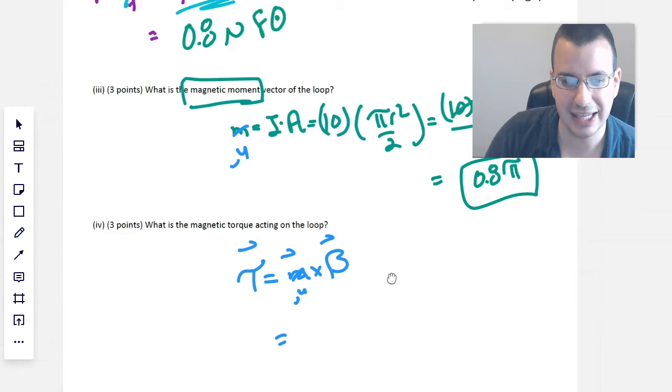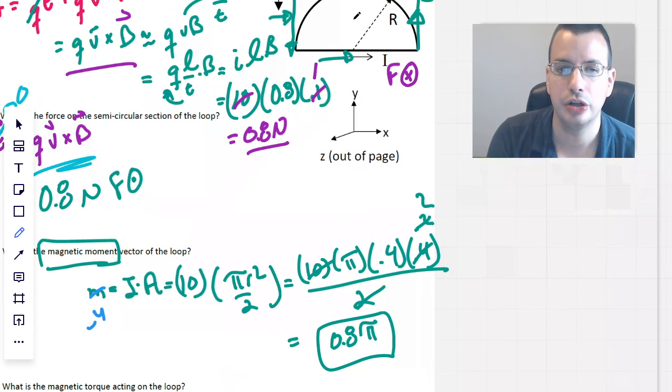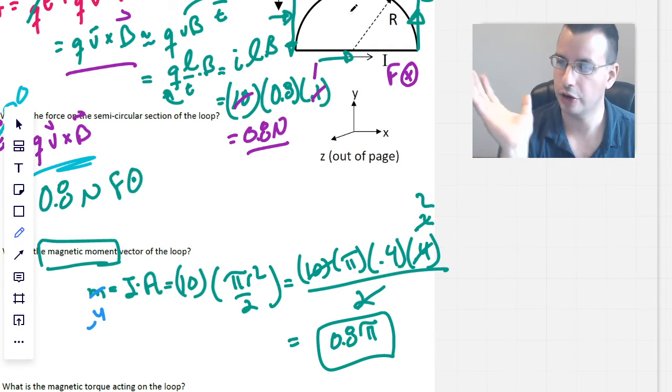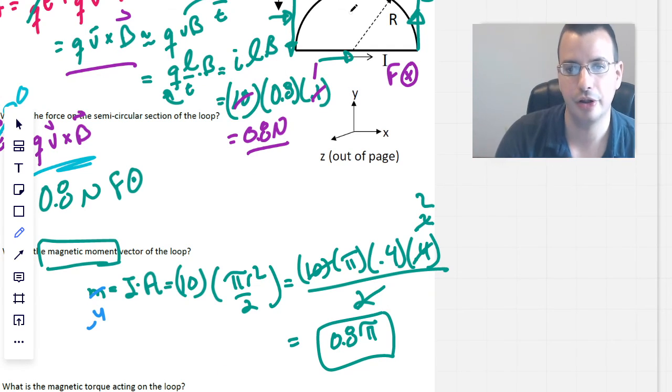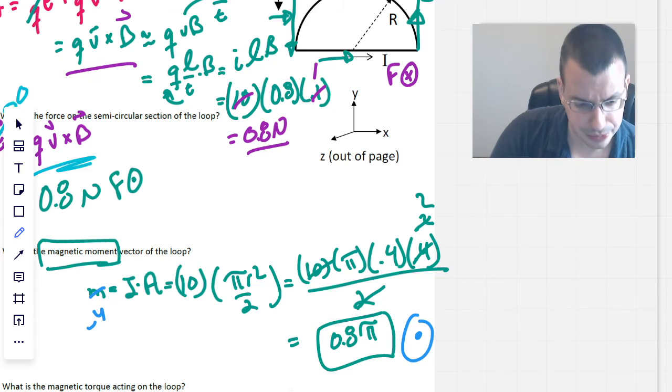Real quick, the magnetic moment is perpendicular to the area using the right-hand rule. So if you wrap your fingers around it, following the current, your thumb would point out of the board. So the magnetic moment here is pointing out of the board like so.